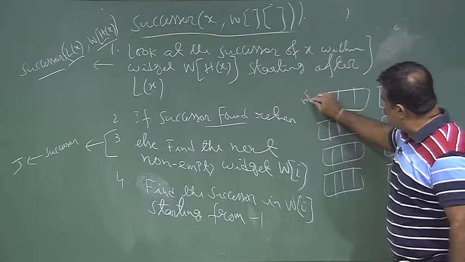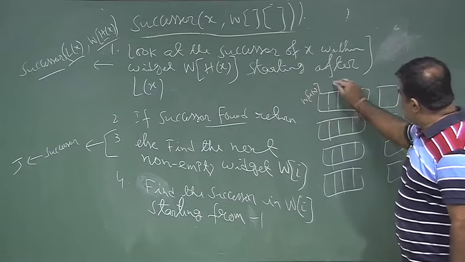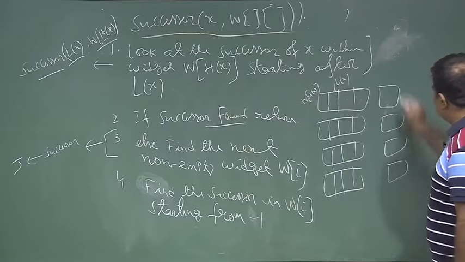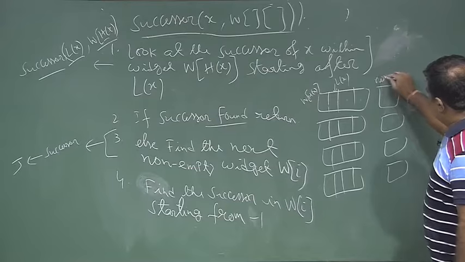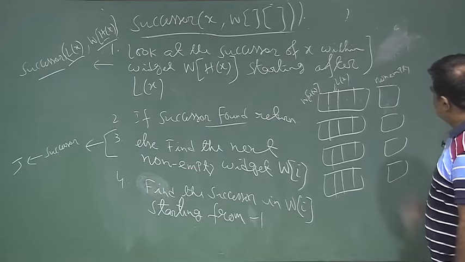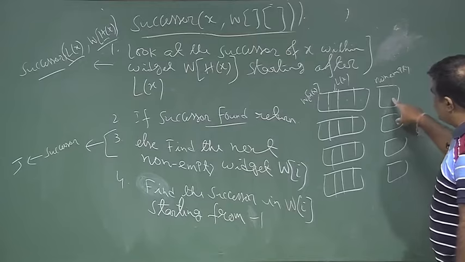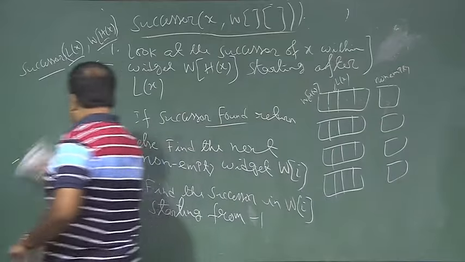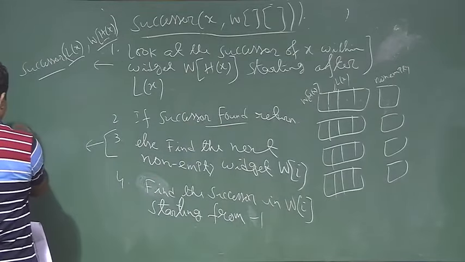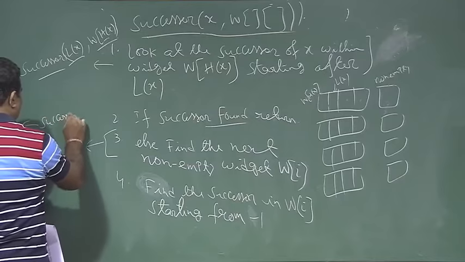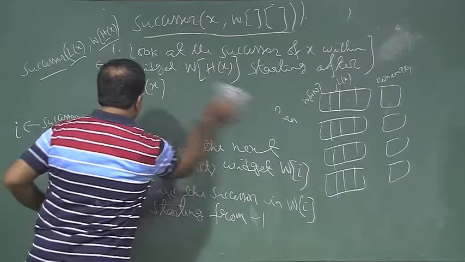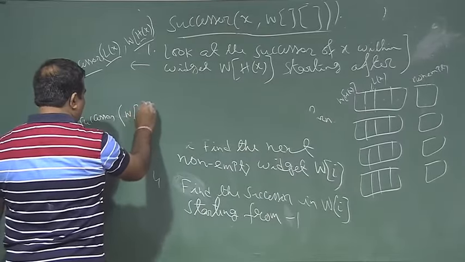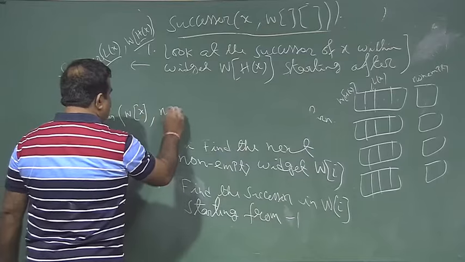So this is the w of h of x block, and this is the position low of x. We are looking at the successor here. If found okay, otherwise we are looking at this non-empty array. So we are looking at the successor in this non-empty array after this h of x. So this is this call: the successor after h of x in this non-empty array.